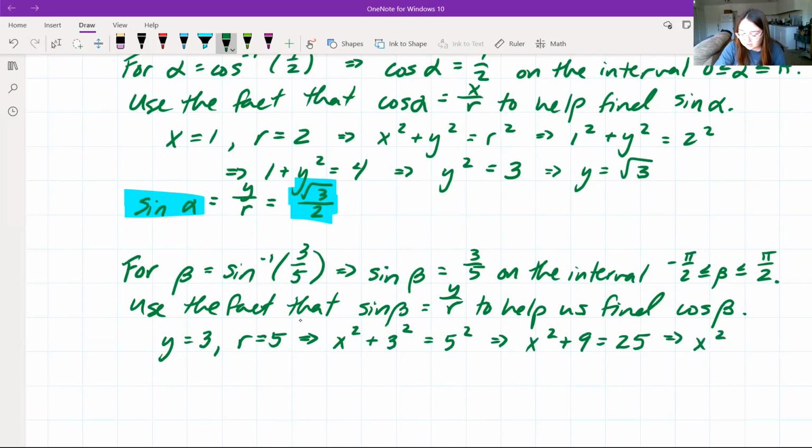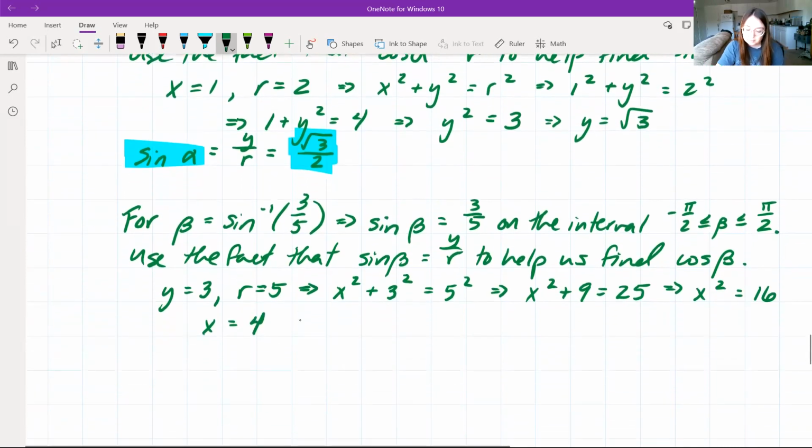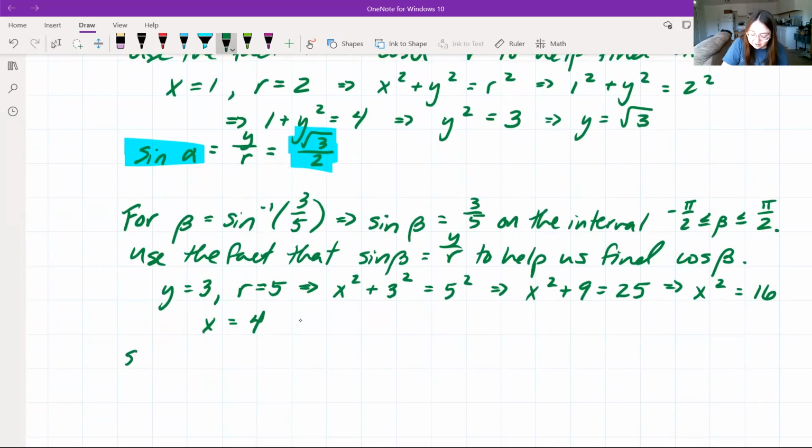This tells us that x squared is equal to 16. We take the square root of each side, and this gives us that x is equal to 4. So if x is equal to 4, then cosine of beta, which is x over r, is equal to 4 over 5. So this is another one of our values here.